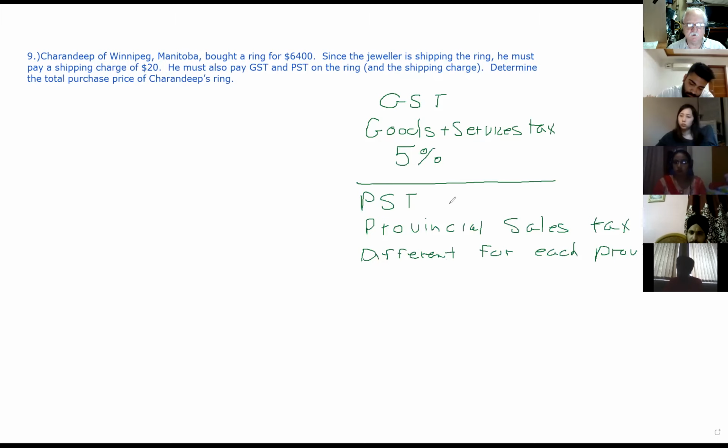So when you're doing a question like this, you're going to have to look in your textbook and find out whatever tax rate they're using in the textbook you're using, in order to make the question make sense in relation to the answer key. Whenever I give you a question like this on a test, I will tell you the tax rate to use.